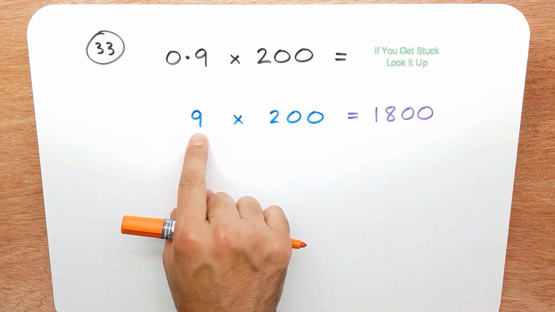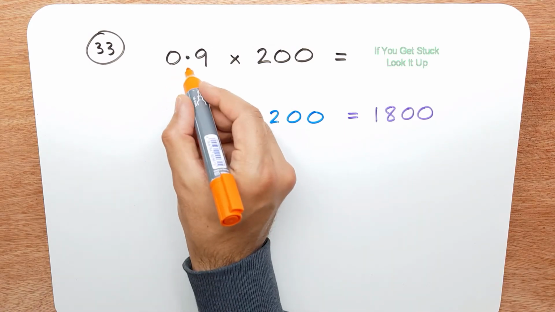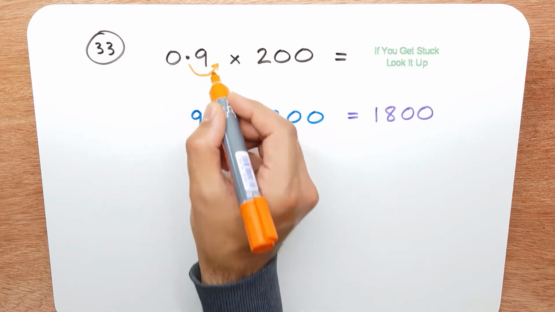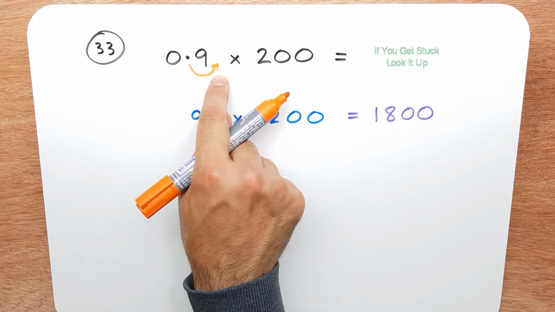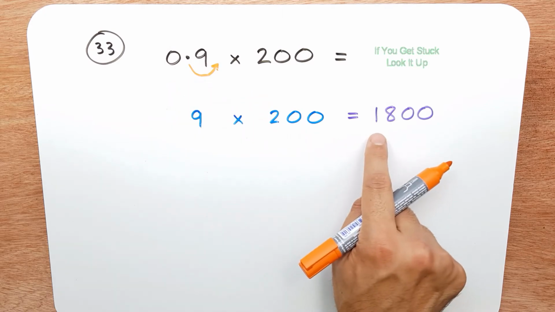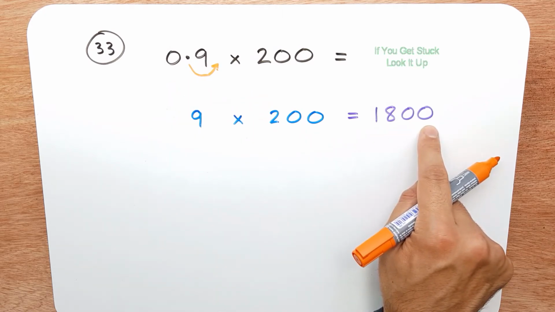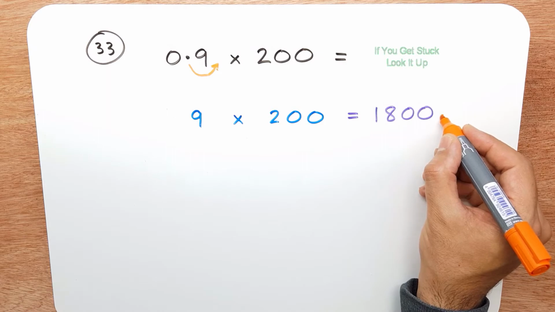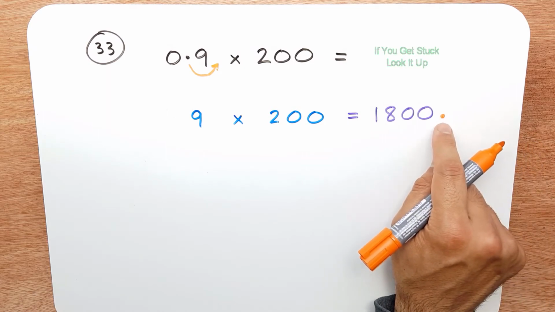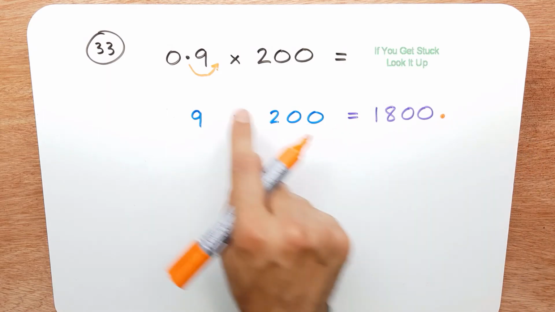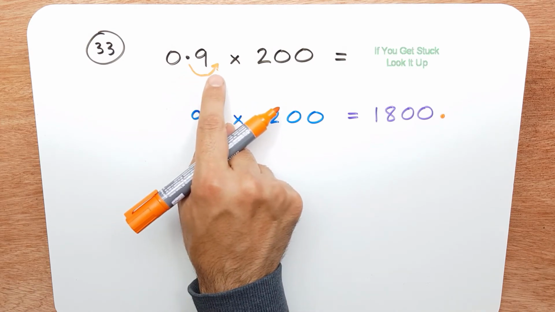But what did we do extra here? We moved the decimal point that way once to turn it into a whole number. Now what we have to do is undo this. Now on this number here, you should know in your head that the decimal point is there, although it's not written, it's there. And now we have to go back to undo this operation.